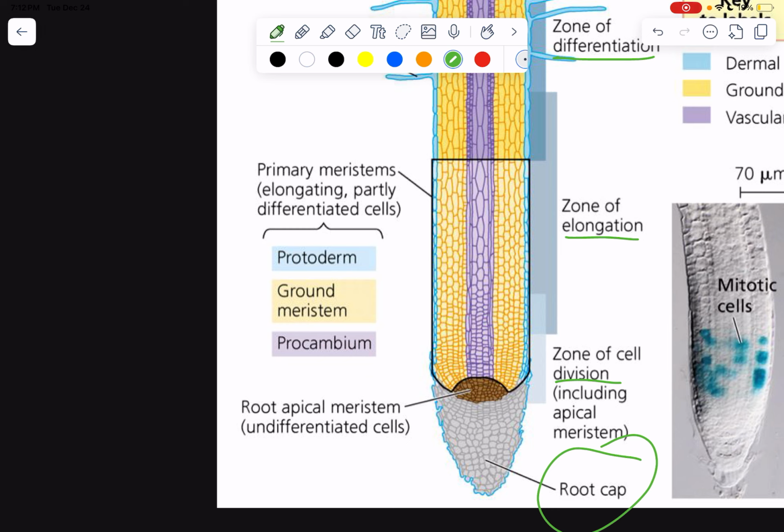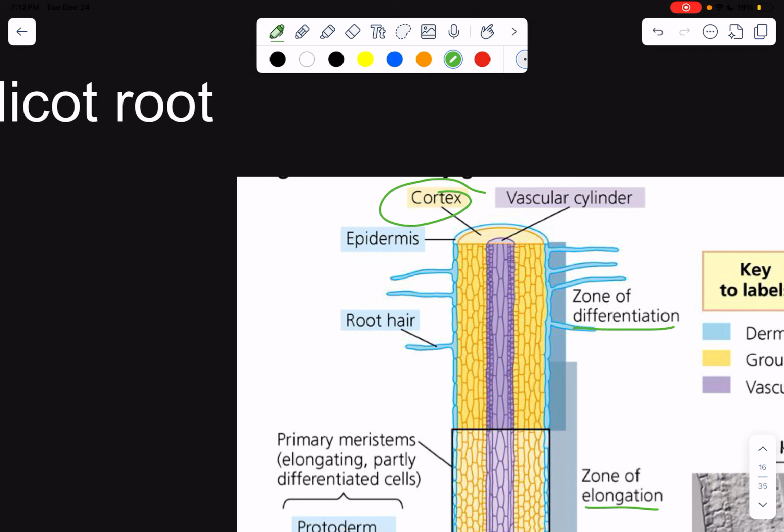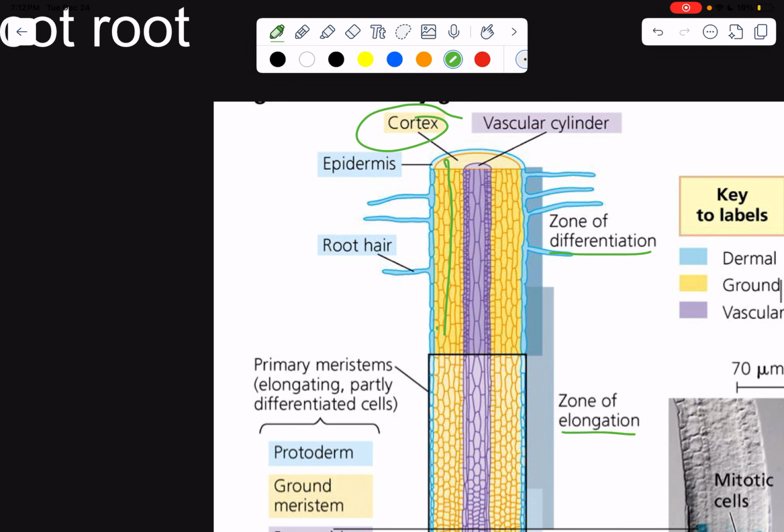Root hairs are the most prominent feature of the root epidermis. And sandwiched between the protoderm and the procambium is the ground meristem, which gives rise to the mature ground tissue. The ground tissue of roots consists mostly of parenchyma cells. And in addition to storing carbohydrates, cells in the cortex, which is right here, and it refers to all this ground meristem, allow for extracellular diffusion of water.